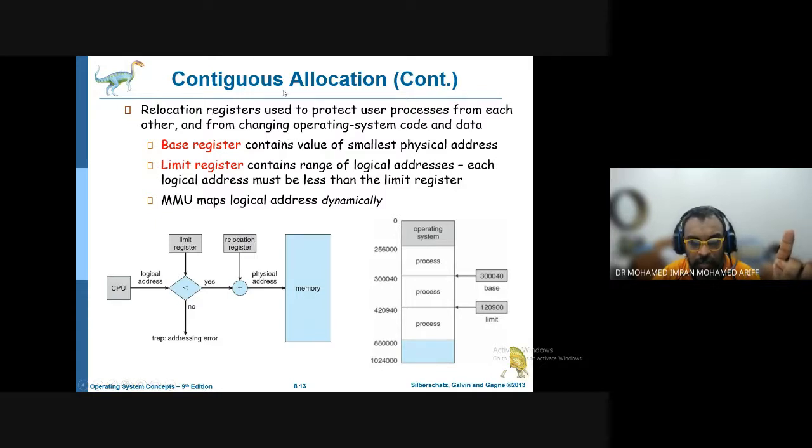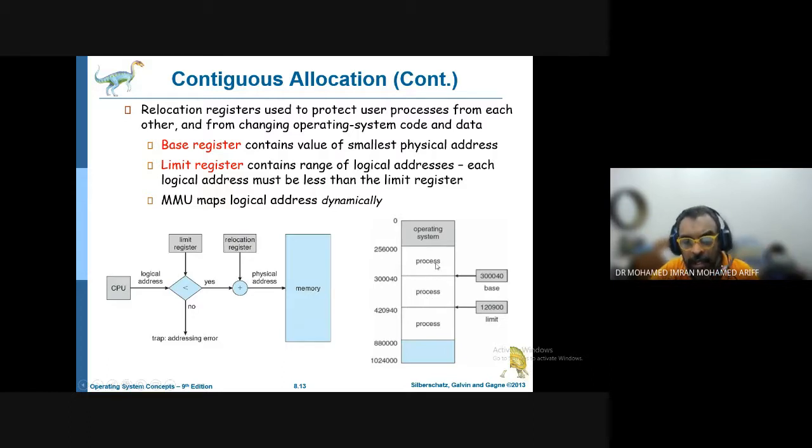Contiguous allocation means the size of the limit registers can be the same. So if you take this example, no, it's not the same here. That means the limit is always different. Sorry, the limit is always different. It can be different.